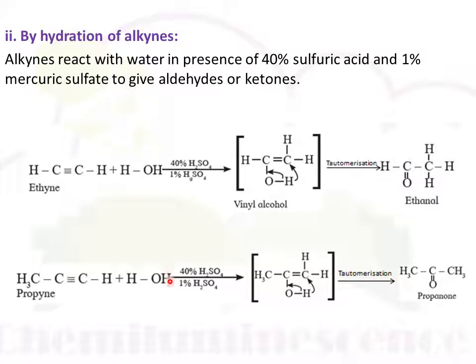That is, the negative part of the reagent adds on the carbon which has fewer hydrogen atoms. So the hydroxyl group is adding on this carbon and hydrogen is adding on this carbon, and we will get this type of alcohol, which on tautomerization, that is the shifting of proton from oxygen to carbon, gives propanone.